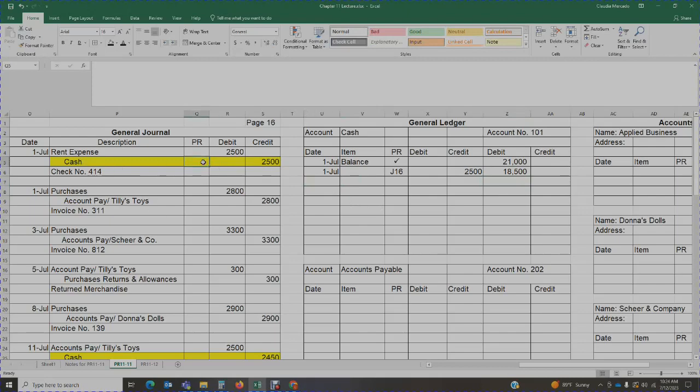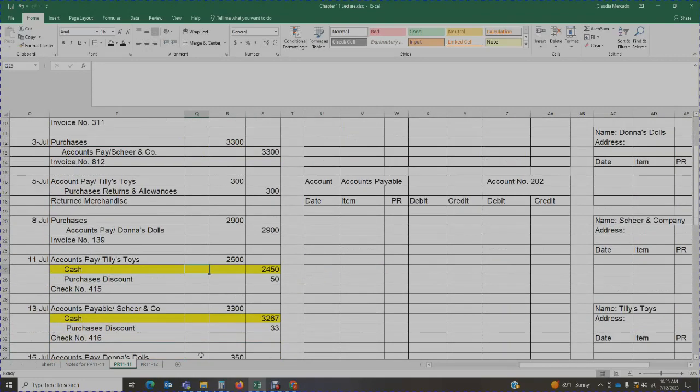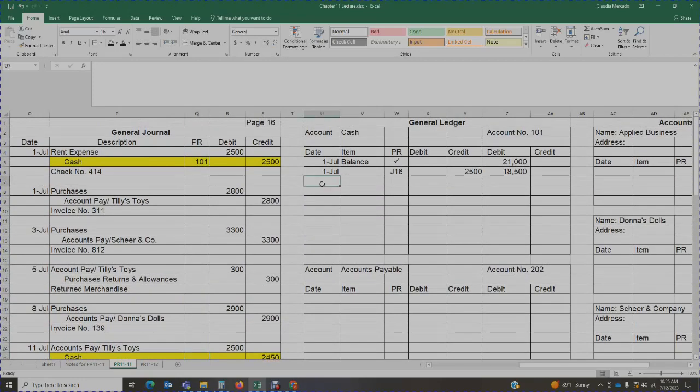Once I've recorded it, I'm going to go back to my journal and say I posted it to General Ledger 101. I'm going to go to the next one. This happened on the 11th, and I've got an entry for 2450. That happened on Journal 16, and it's a credit of 2450.